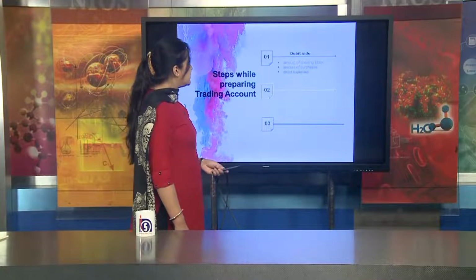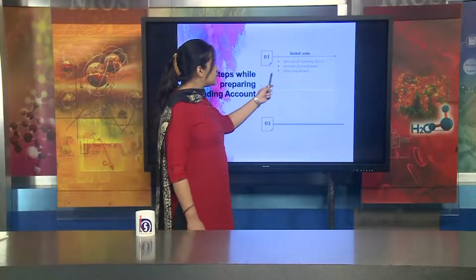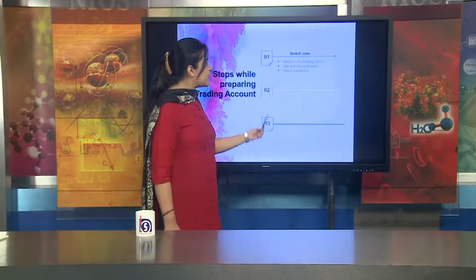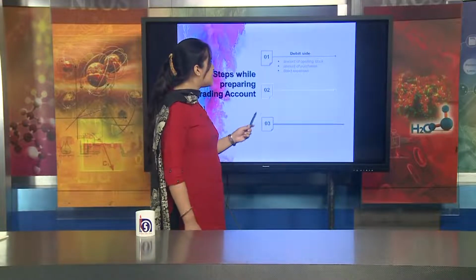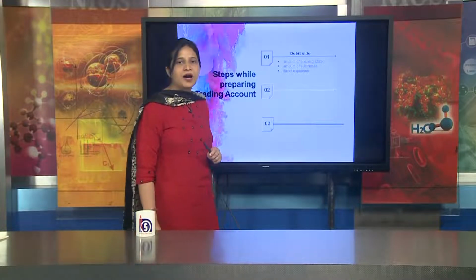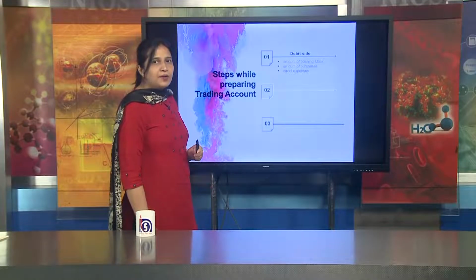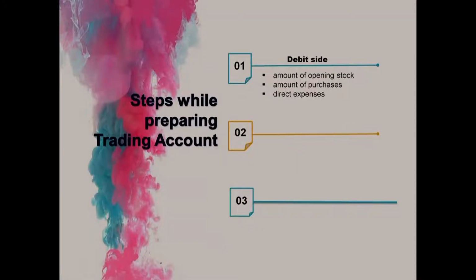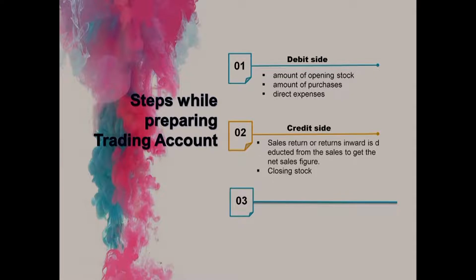So on the debit side, what do we do first? We write the amount of the opening stock, we write the amount of purchases and the direct expenses, whatever are incurred. Okay. Then the next step is on the credit side. What do we do on the credit side? Sales.